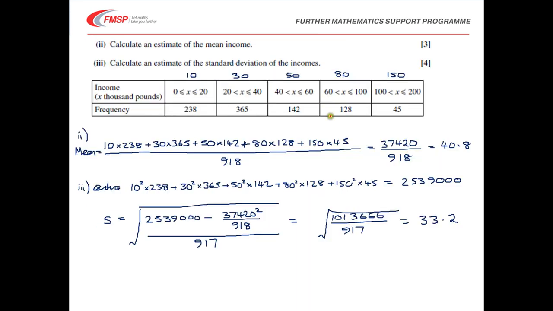For part 2, for the mean income, there's a method mark for that calculation there and an accuracy mark for 40.8. For the standard deviation, there's a method mark for at least 3 terms in this calculation and an accuracy mark. There's then a method mark for substituting in what you've had into that formula and an accuracy mark for the correct answer of 33.2.